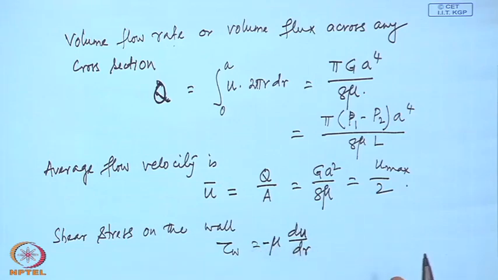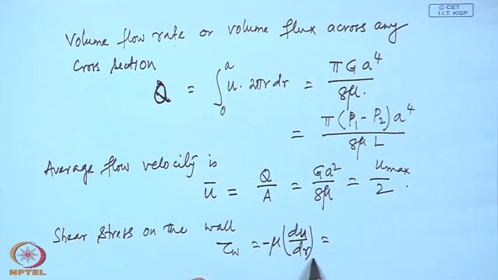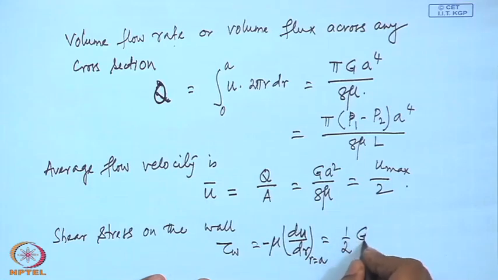Stress on the fluid is mu du dr, stress on the wall is minus mu du dr, and how much is this? The du dr is to be evaluated at r equal to a, because you are finding stress on the wall, and this comes as half of g a.